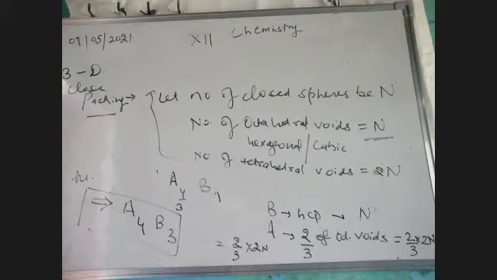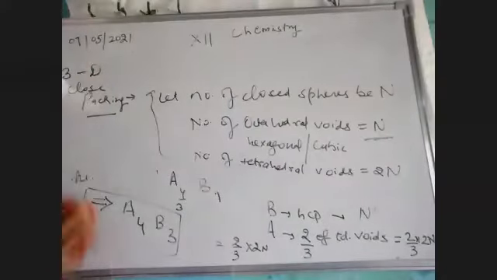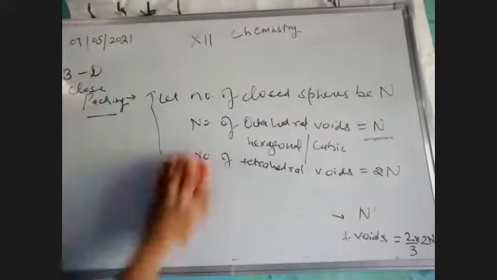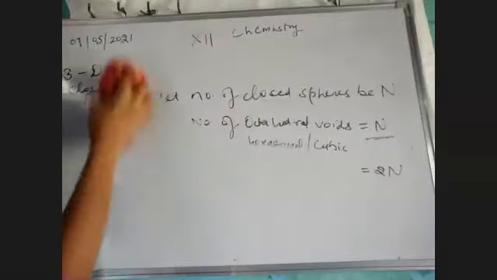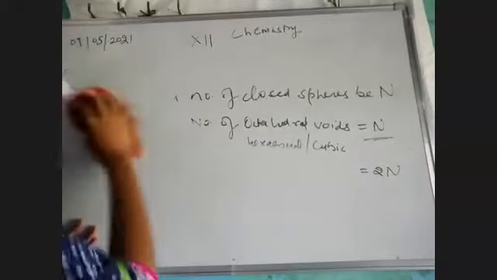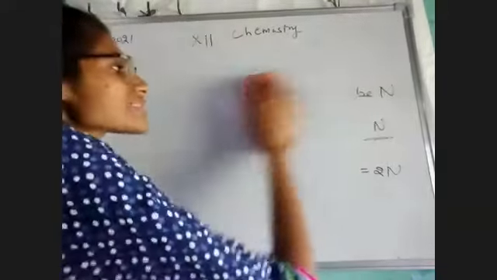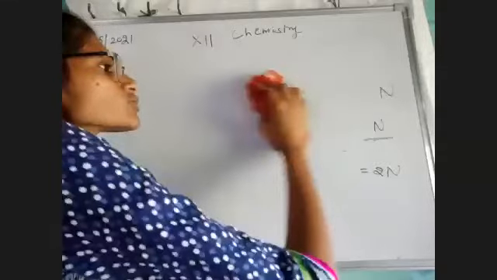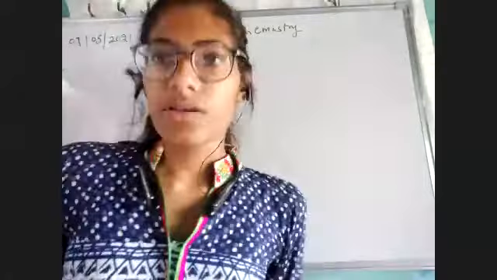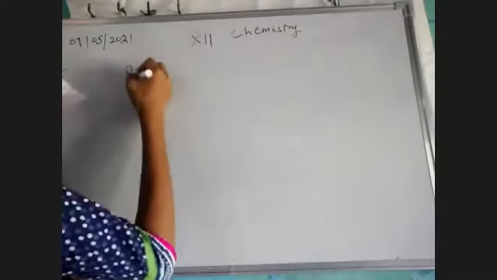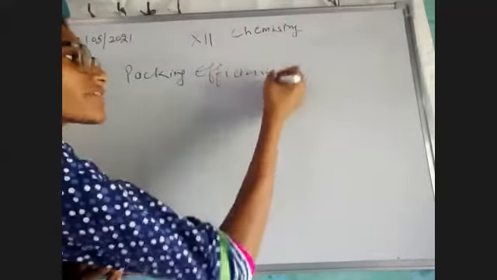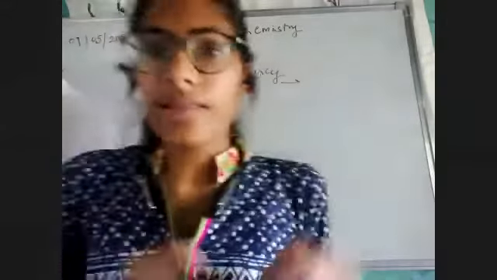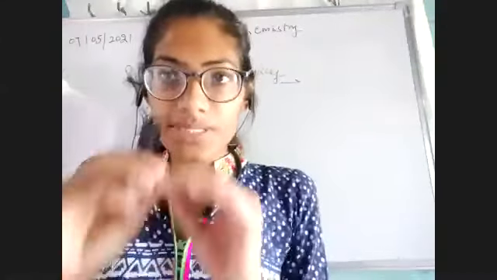What does packing efficiency want to say? See class, packing efficiency says how much effort we can apply to make the solids closely packed, in 3 dimensions or 2 dimensions, and still there would be some space left over.